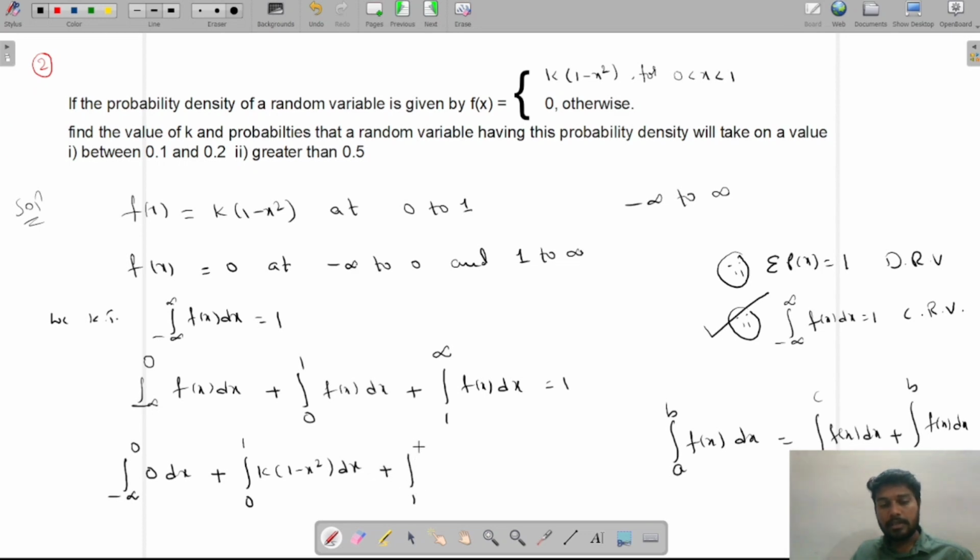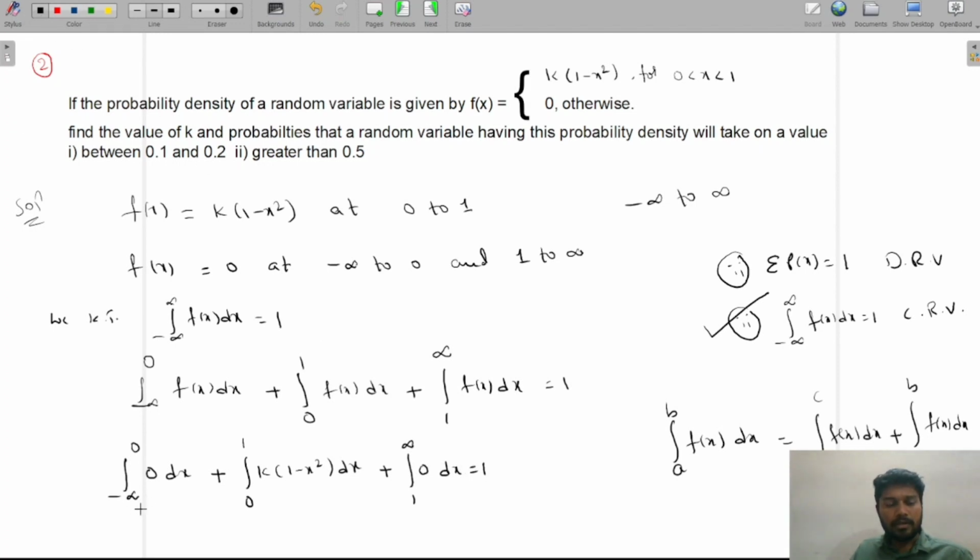integration 1 to infinity. At these limits, what is the value of f of x? We have a value from 1 to infinity, f of x is 0. So I substitute here 0 into dx equal to 1.